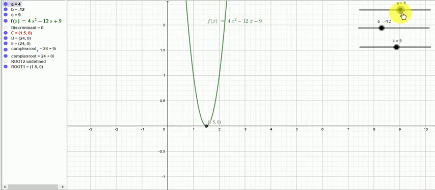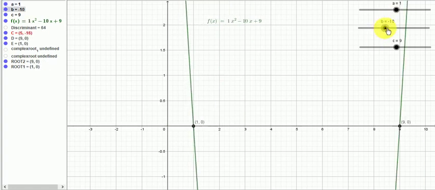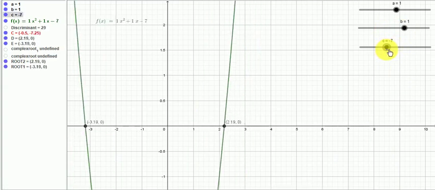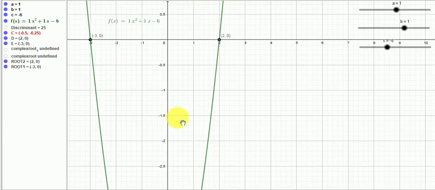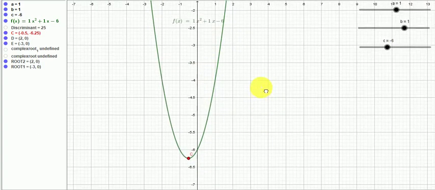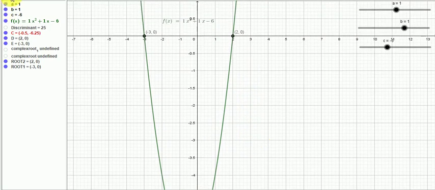So if I make a equal to 1, and b also 1, and c minus 6, you can see this is the graph of this quadratic expression, 1x squared plus 1x minus 6.